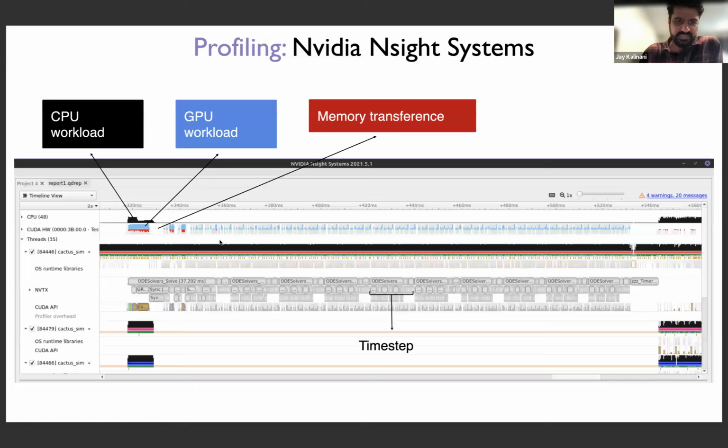As you see, once you have your time steps, when your code is actually evolving, there is only blue, and that's what we want: only the GPU functioning. There is no memory transfer between GPU and CPU when your evolution actually occurs.